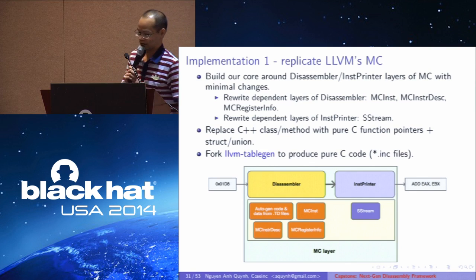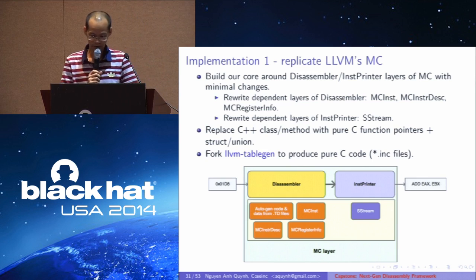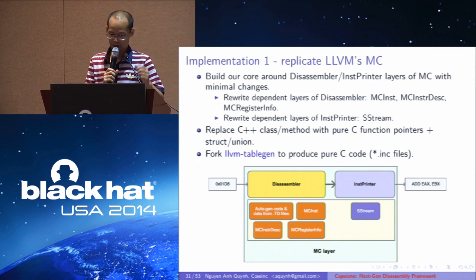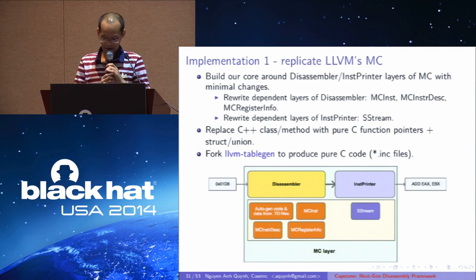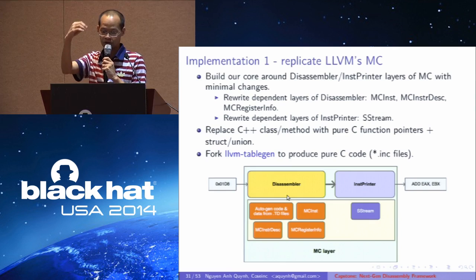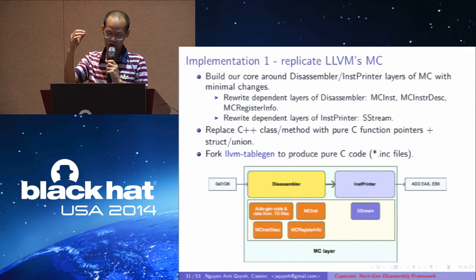Okay, so on this screen, you can see the diagram describing the core components of MC. I removed everything else that's not relevant. So you can see that given the input on the left side, some binary, the input will go through one component called the disassembler. This component will decode the binary to some internal information of that instruction.